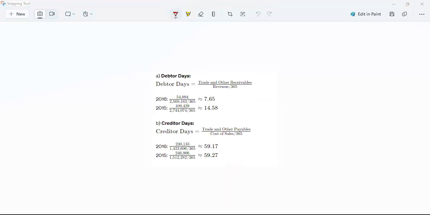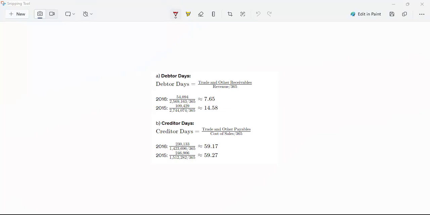The time it takes for us to pay our suppliers and the time it takes for us to get paid. Okay, so the debtors days represent the average number of days it takes for the company to collect payment from the customers after the sale has been made. So this is a measure of efficiency of the company's credit management and collection policies.